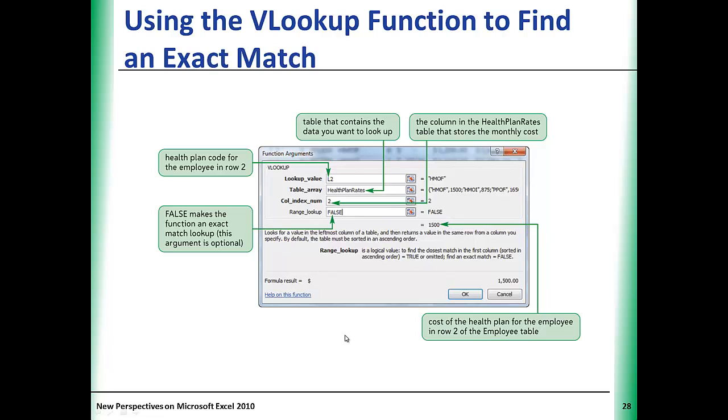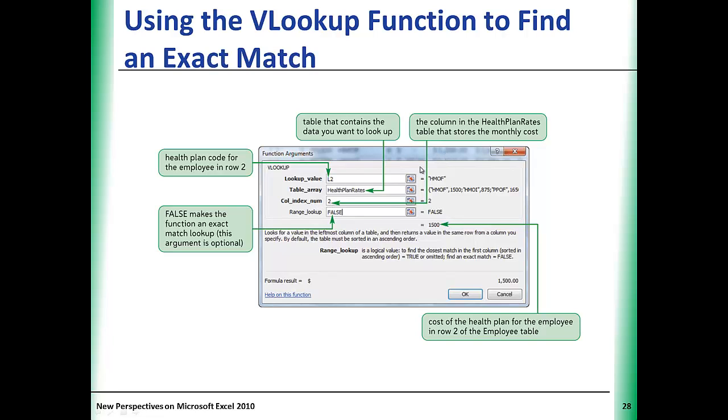So here's what our lookup function is going to end up looking like when we enter it into the dialog box. So the lookup value here can be found in cell L2, which is the health plan code for the employee in row 2. The table array is the table where the data that we want to look up is stored.